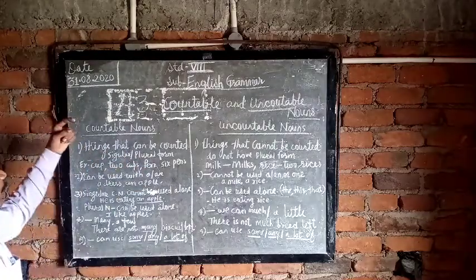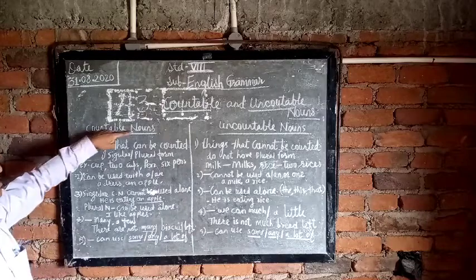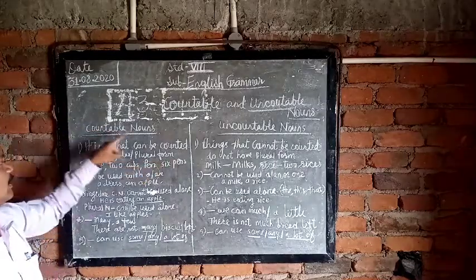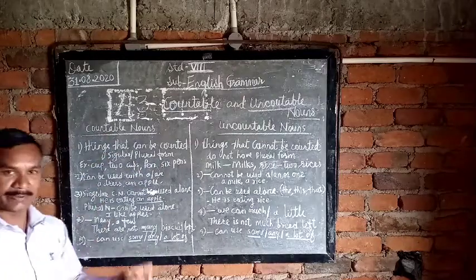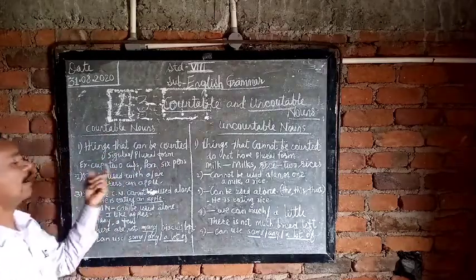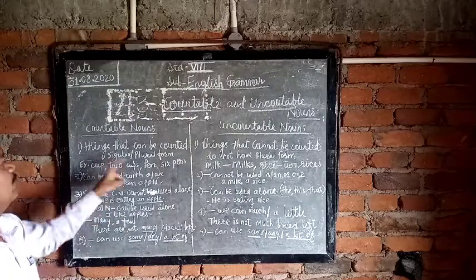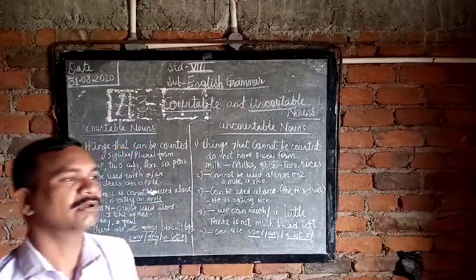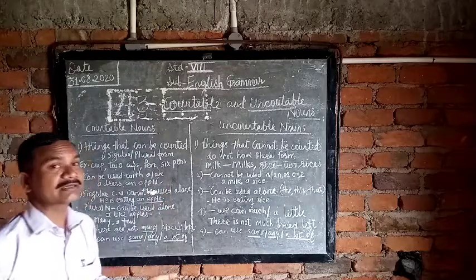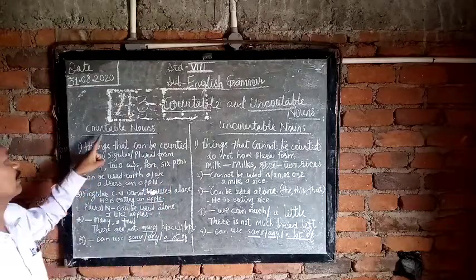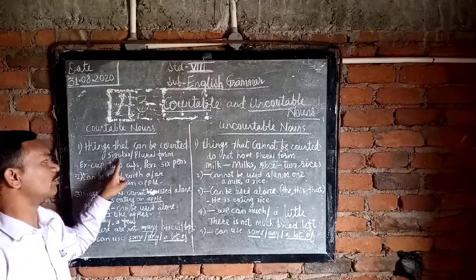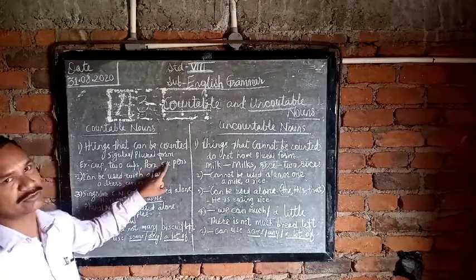So countable nouns have singular and plural forms. For example, cup, pen. In plural form, we say two cups, six pens.